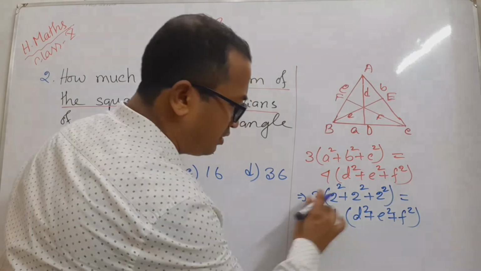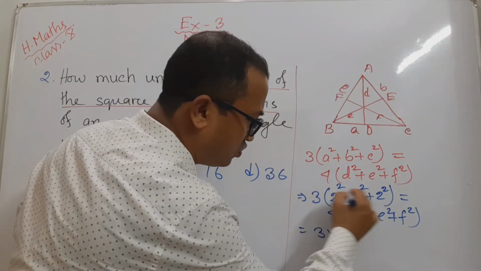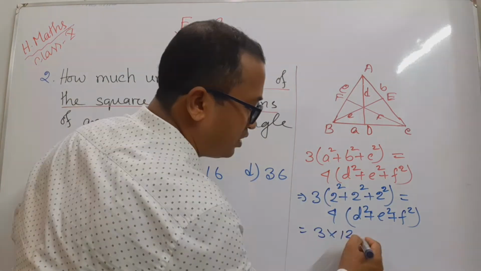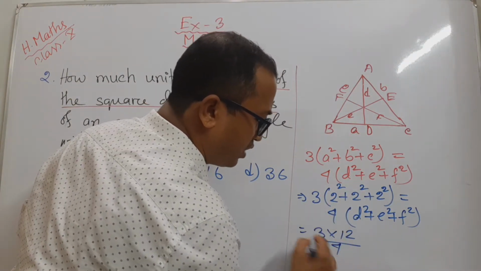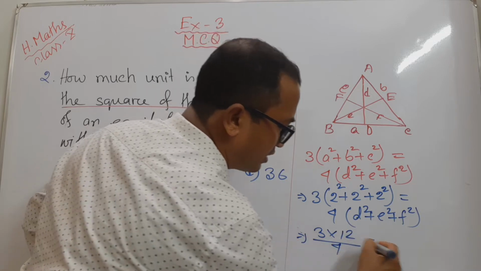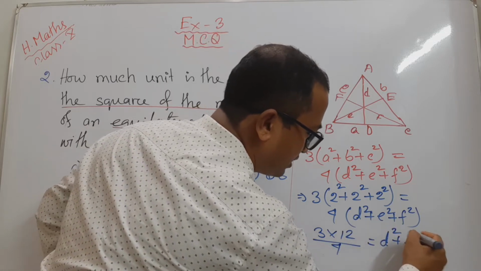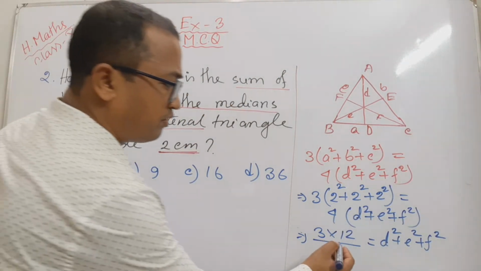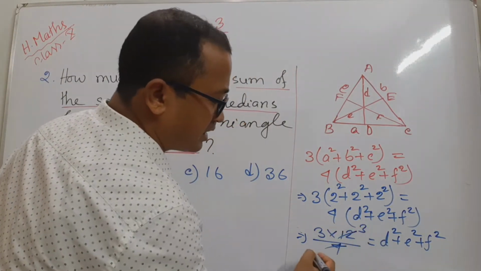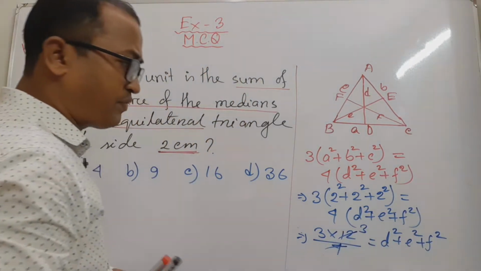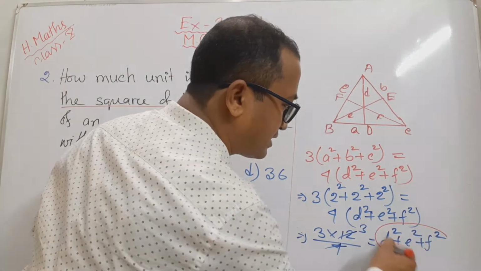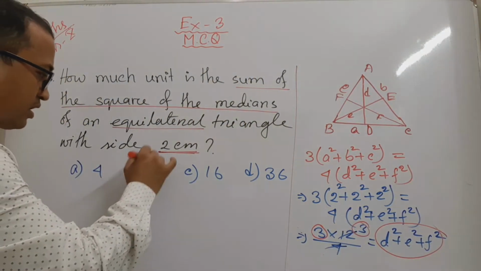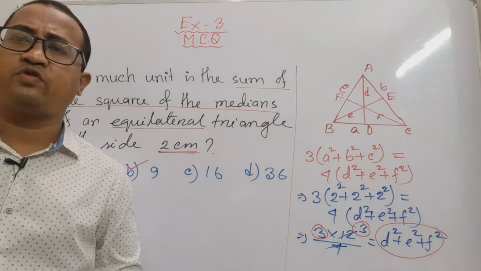Here this is 3 into 4, 2 square means 4, 3 fours are 12, and this 4 is divided over there, then we will get D square plus E square plus F square. If we calculate it, 4 threes are 12, 3 threes are 9. So, the value of the sum of the squares of the medians is 9. I think all of you have understood.